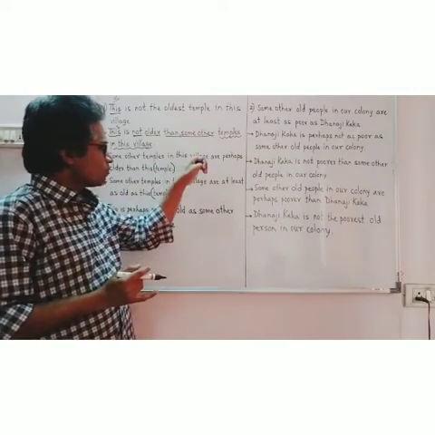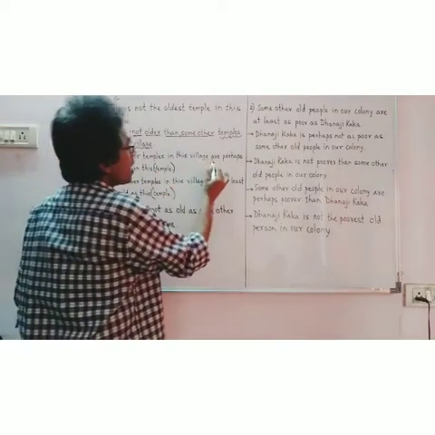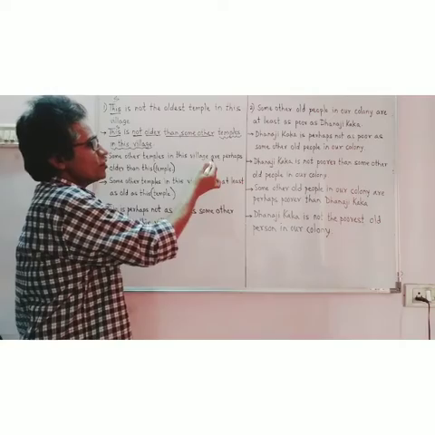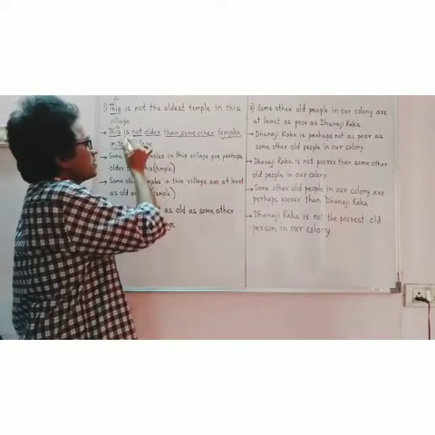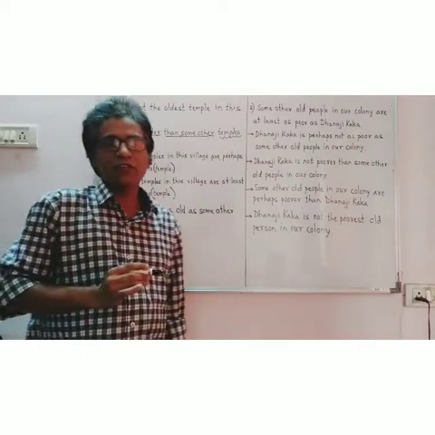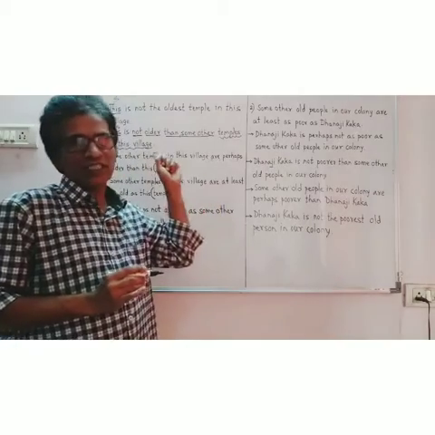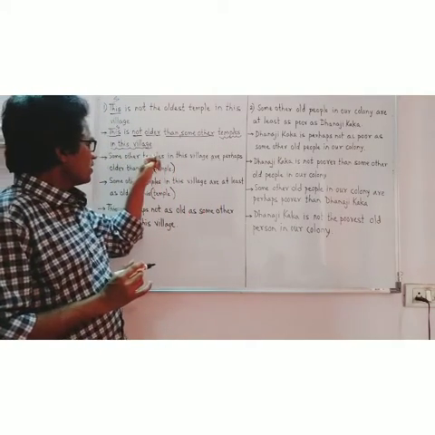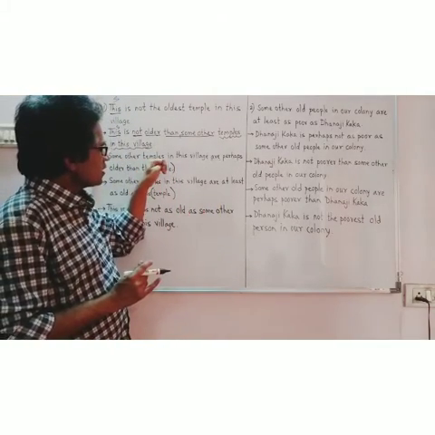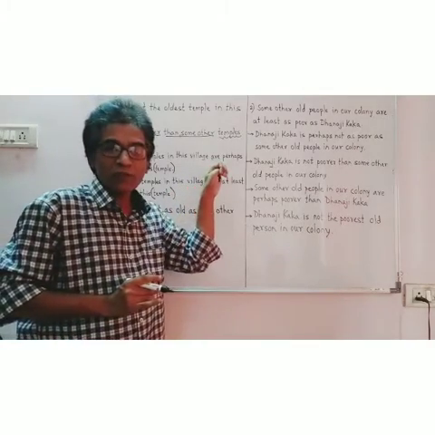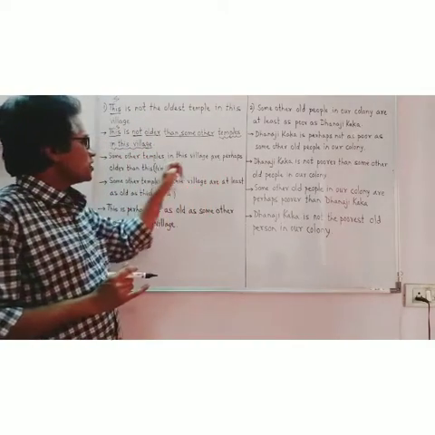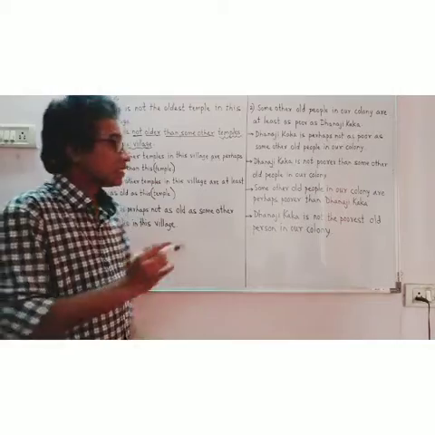Some other temples in this village are. You should note this too. Here it is singular verb because the subject is singular. Here the subject is plural, that is why the verb is plural. Some other temples in this village are.